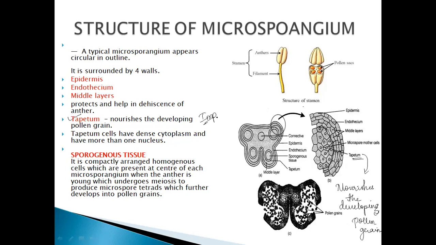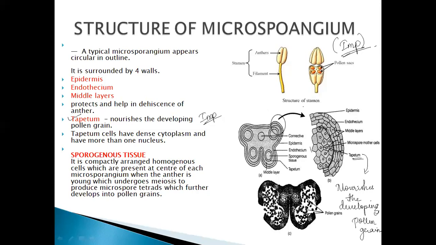The function of the tapetum is asked again and again, and it is very important. Clear? What is tapetum, or write the function of the tapetum? Tapetum provides the nourishment to the developing pollen grains.